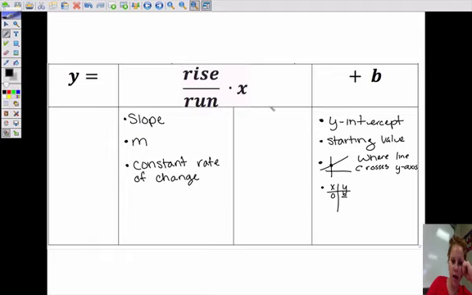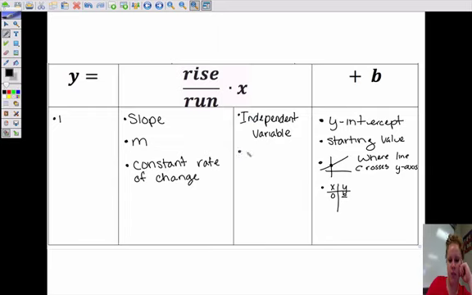The x and the y, those are variables, and we know from our first unit that variables, like their name, they vary. They can be lots of different numbers, where this and this are going to be one number. For our variables, x is the independent variable.